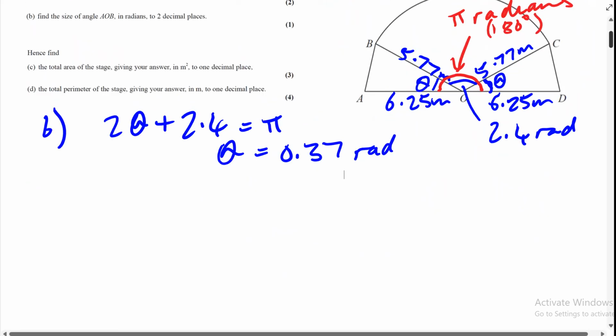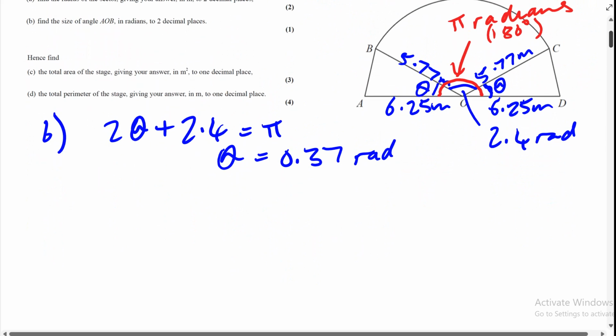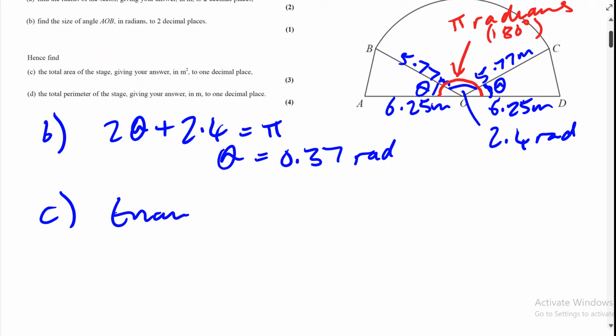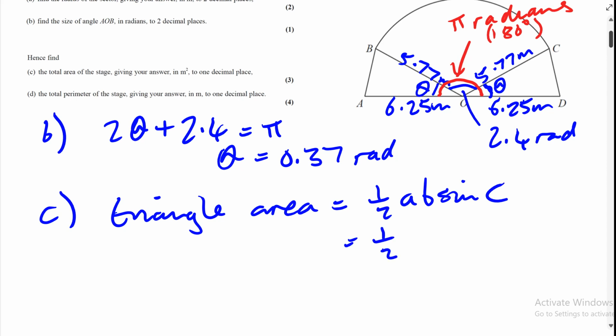Find the total area of the stage. So we can find the area of the triangle and double it, and then add the area of the sector. That should work. So the triangle area is a half ab sine C, which is a half times 5.77 times by 6.25, and times that by sine 0.37.